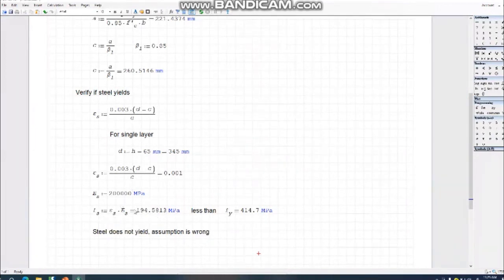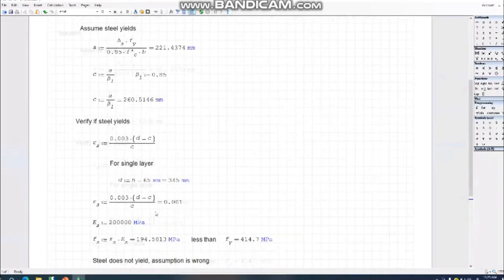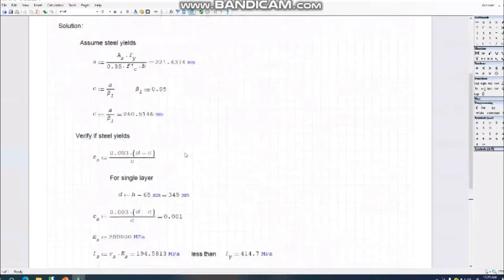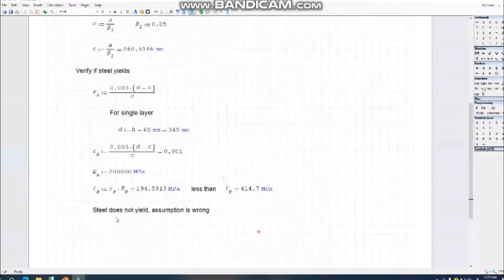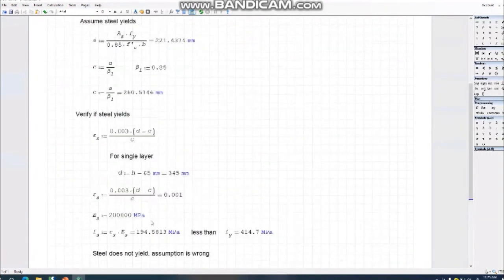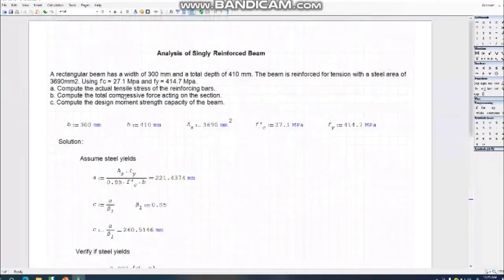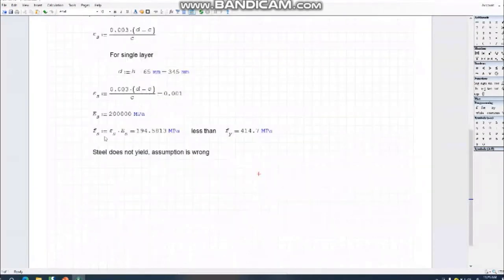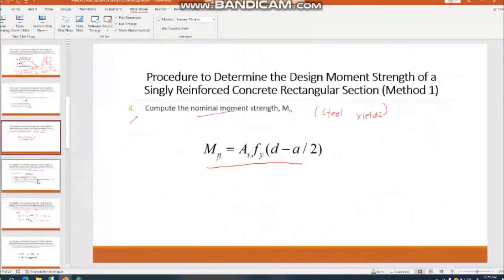When you verify and it's less than Fy, then this is not the correct value. So you will not use this one as the direct answer. Instead, you have to calculate this value using the process for when the steel does not yield.